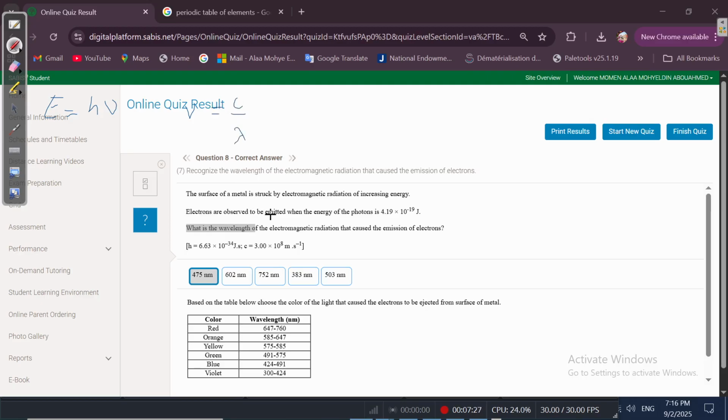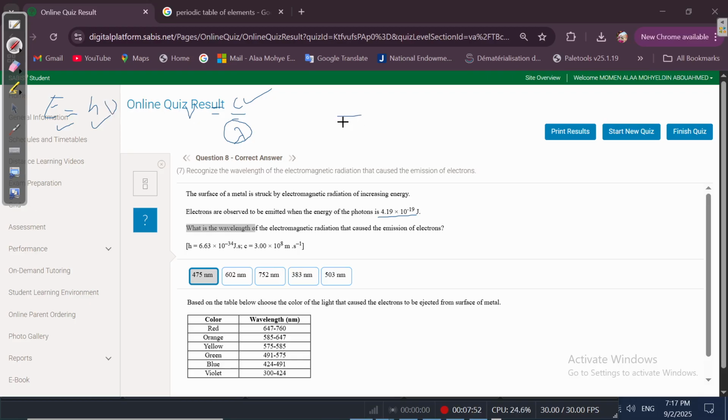What do I need? I need the wavelength. What do I have? I have Planck's constant. I have the energy. And I have the speed of light in vacuum. But I don't have the V. So I need to make a relation for V in both equations so I can substitute V directly.